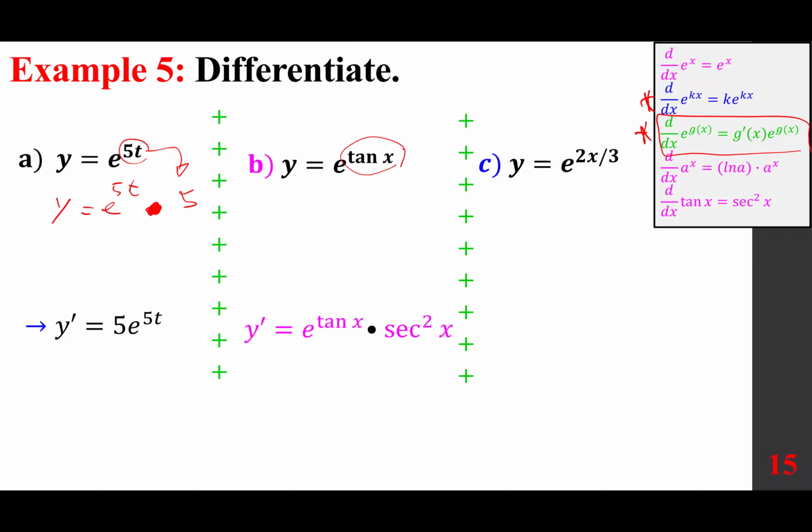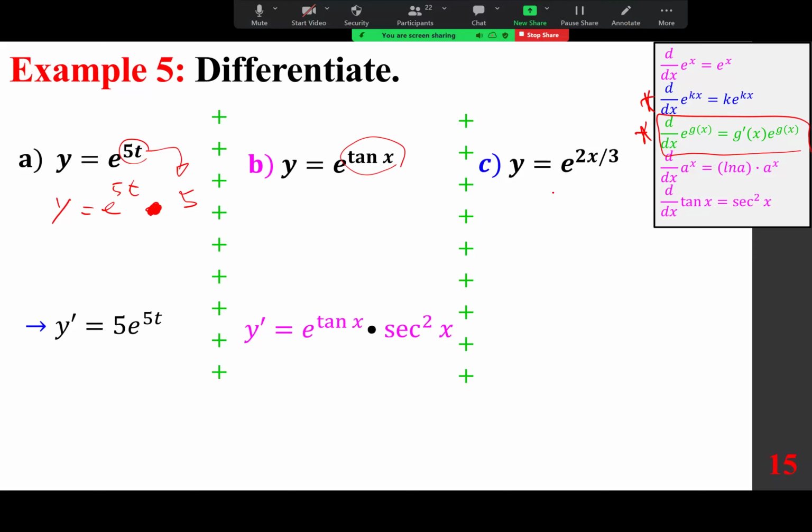Now, part C, you don't have to do much. I want to make sure that you see that this is e to the power of 2/3 x. That's why I rewrite it. And then y prime is the same thing, times, you can use that one or the next one.